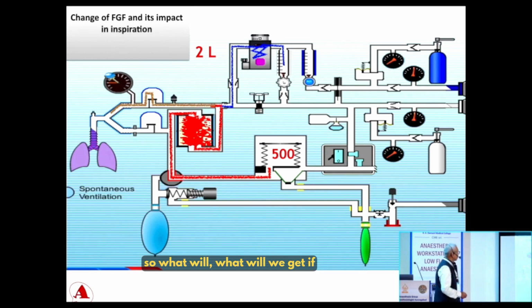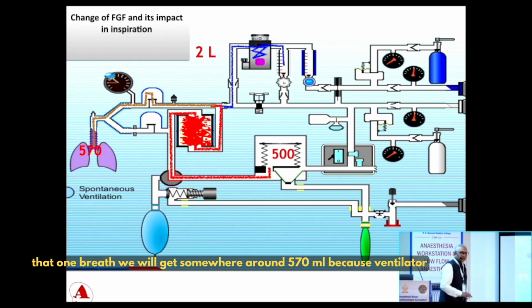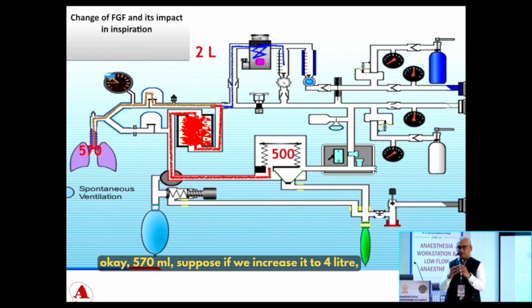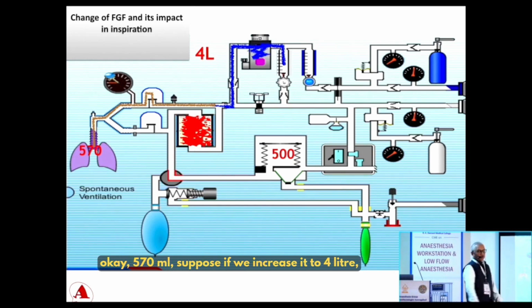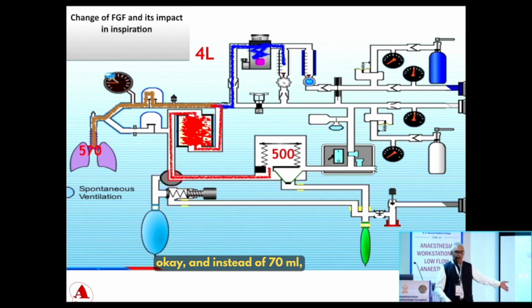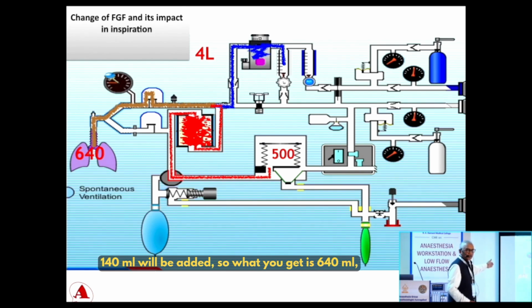So what will we get? With a 2 liter flow, in one breath we will get somewhere around 570 ml, because the ventilator gas and the continuously flowing fresh gas flow are mixing. Suppose we increase it to 4 liters, what will happen? The 500 will continue, and instead of 70 ml, 140 ml will be added. So what you get is 640 ml.